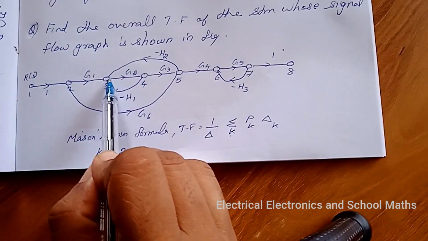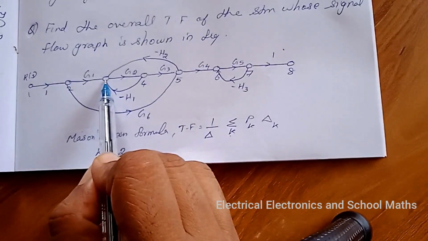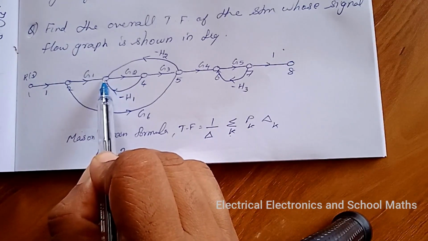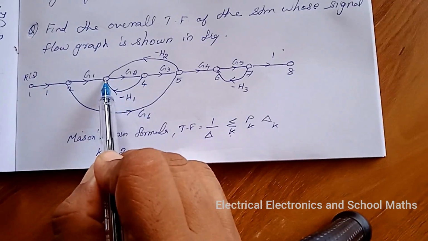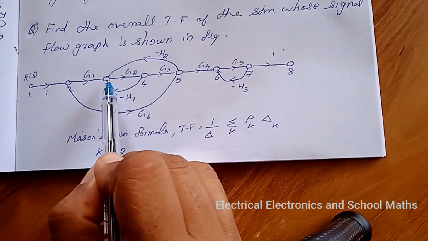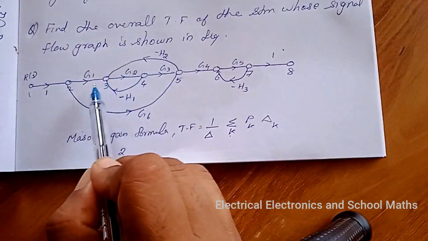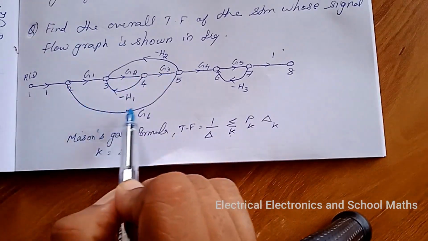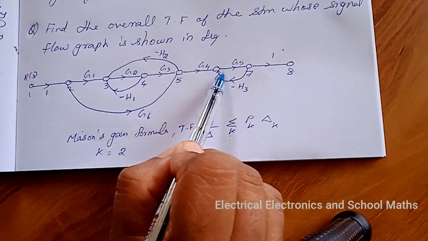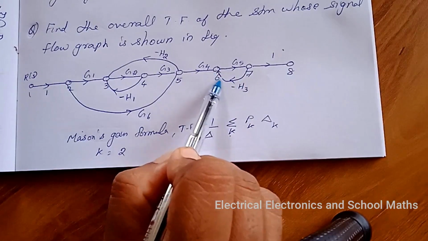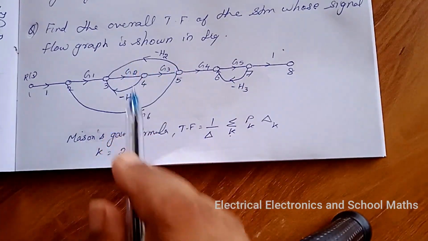So here this is one individual loop, starting from here and ending at the same node. This is another individual loop, and this is not an individual loop, and this is the third individual loop. So there are three individual loops here.